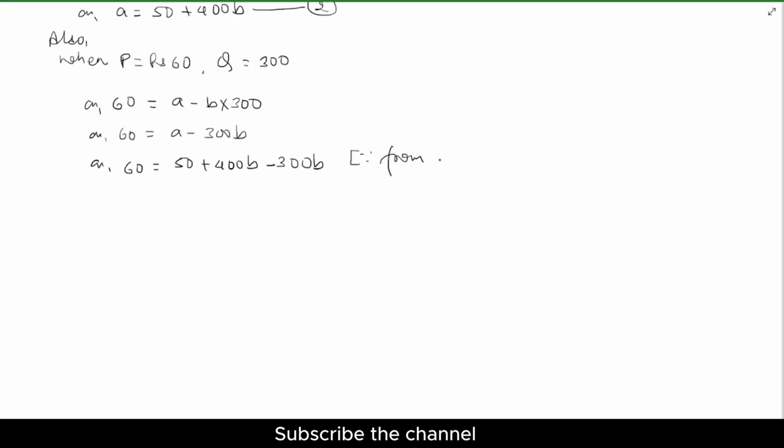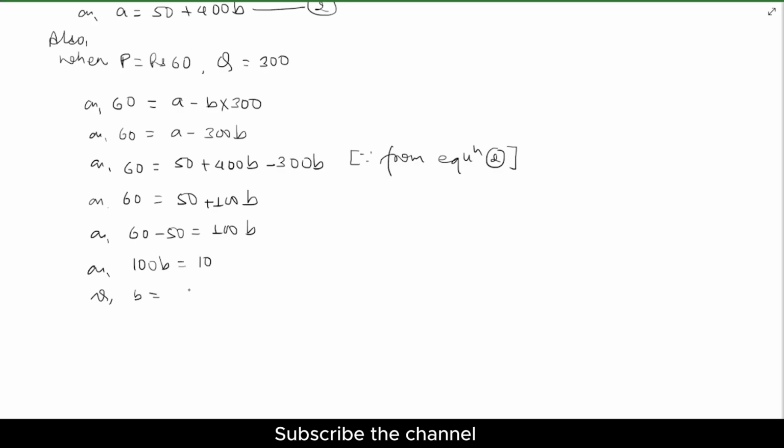Since from equation 2, 60 equals 50 plus 400B minus 300B, equals 100B, or 60 minus 50 equals 100B, or 100B equals 10, or B equals 10 by 100, or B equals 1 by 10, it is 0.1. The value of B is 0.1.